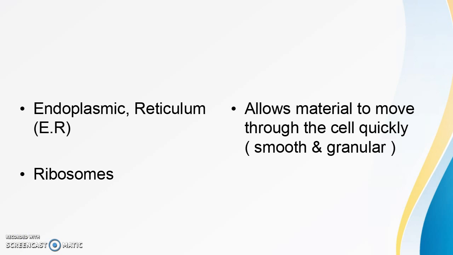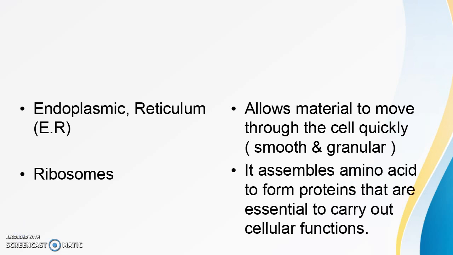Ribosomes. Ribosome is a complex molecular machine found inside the living cell that produces protein from amino acid during the process called protein synthesis. Its function is it assembles amino acids to form proteins that are essential to carry out cellular functions.